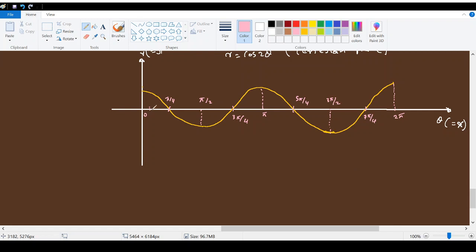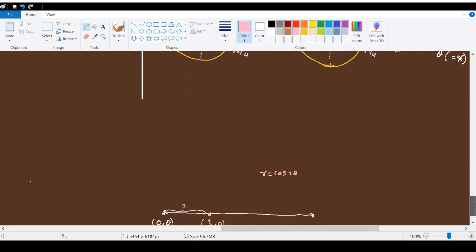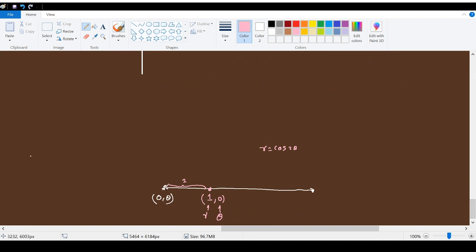Now let's have another point somewhere here. Here it says when theta increases from 0 like this, up to pi by 4. To make it easier, I am drawing these dotted lines. But remember, these lines do not exist in the polar coordinate system.